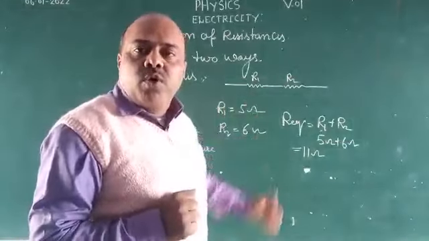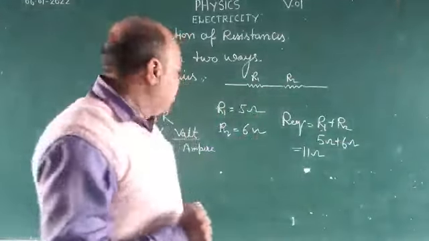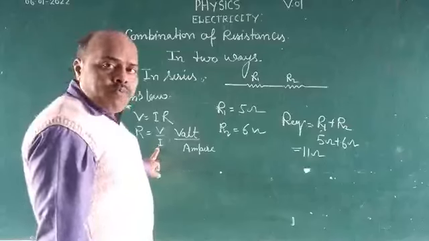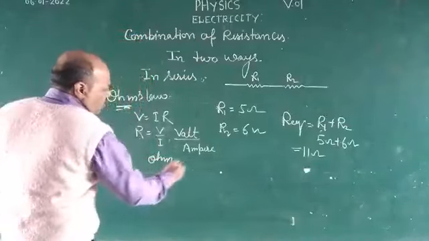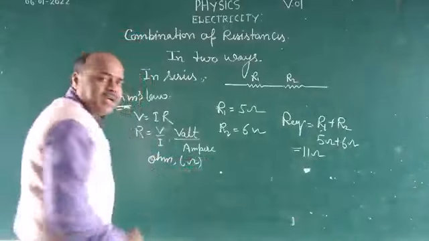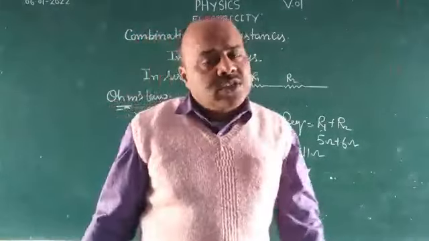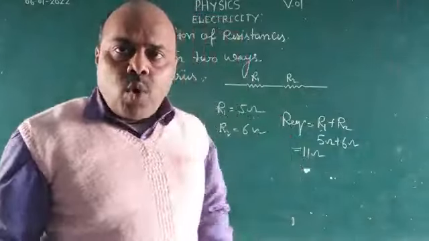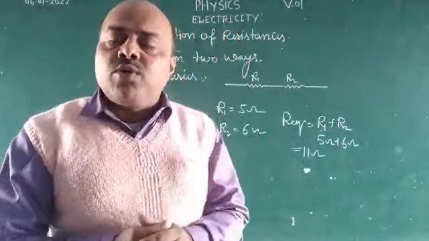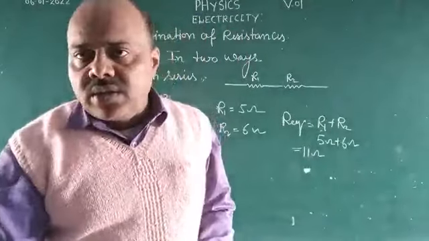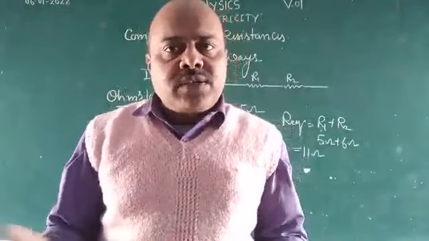Ohm is the SI unit of electric resistance, denoted by omega. And volt is the SI unit of electric potential, ampere is the SI unit of electric current, and coulomb is the SI unit of electric charge.